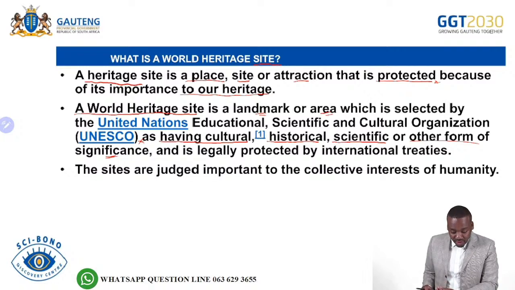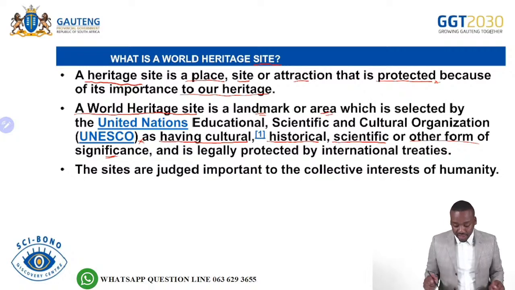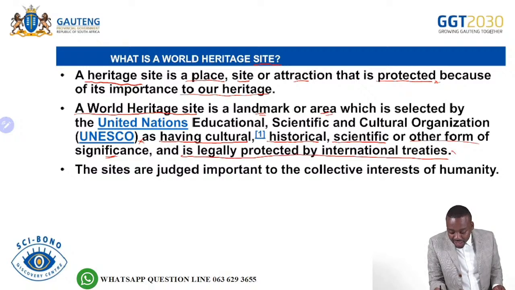It is a site or a landmark or an area which is selected by the United Nations Educational, Scientific, and Cultural Organization. We are saying this place has cultural, historical, scientific, or other form of significance, and it is legally protected by international treaties.